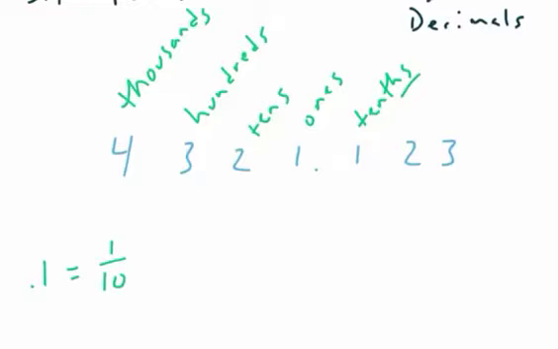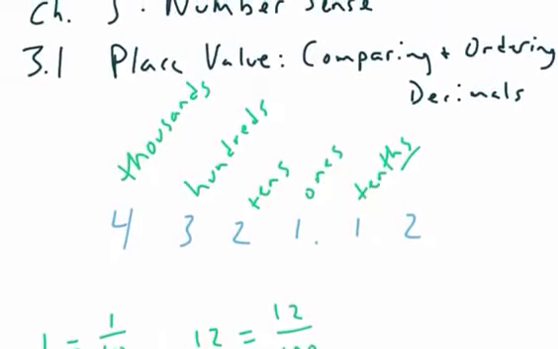If you were to have the number 0.12, that'd be the same as 12 over 100. If I didn't have the 3 on there, the 0.12 would be 12 hundredths. So 2 is in the hundredths spot.